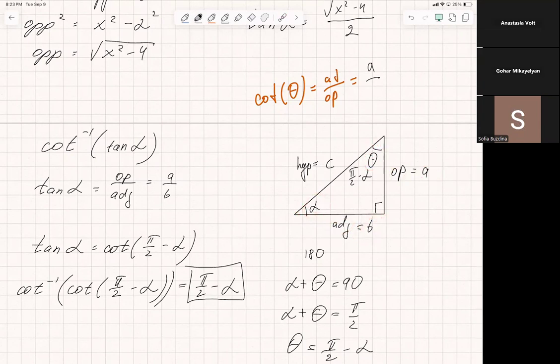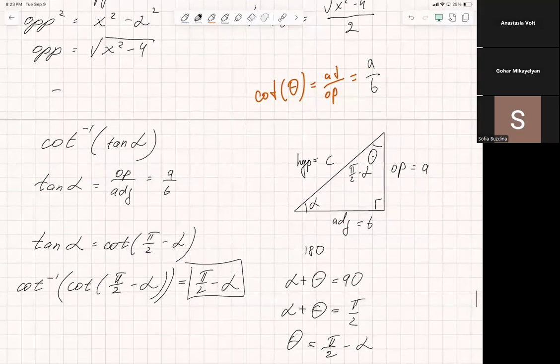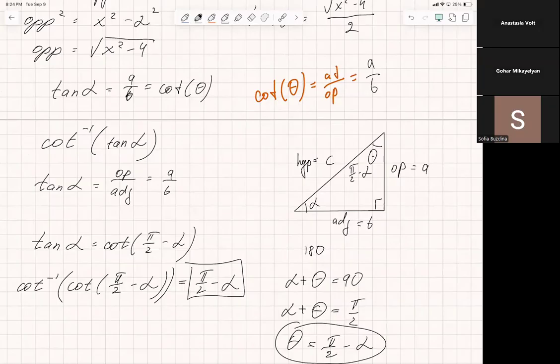So that would be A over B, and this is exactly my tangent alpha. So tangent alpha equals A over B, which is equal to cotangent of theta. And we said that theta, when we solve for it, is pi over 2 minus alpha.